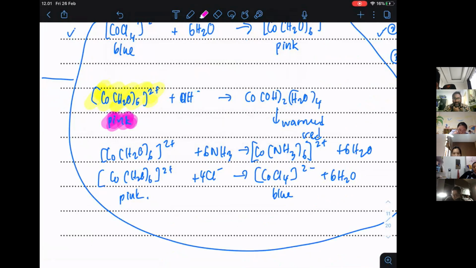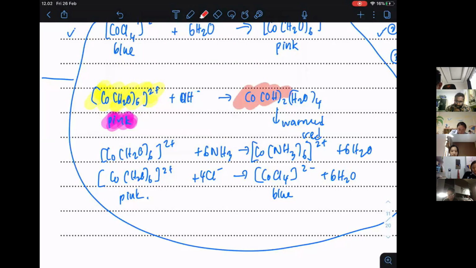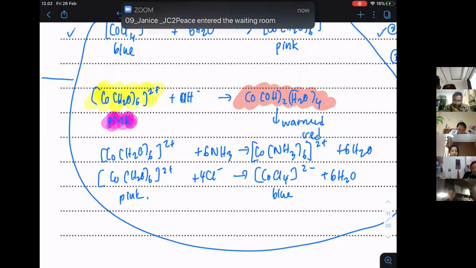When you add hydroxide ion, sodium hydroxide and so on, you are going to have a situation where they give you Co(OH)2 and water. This is not something that looks new.